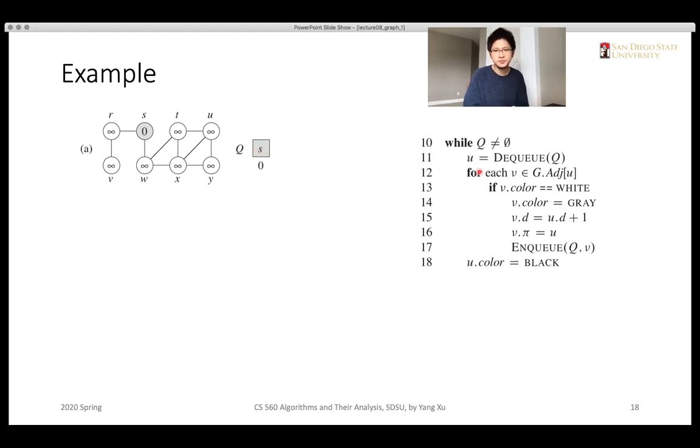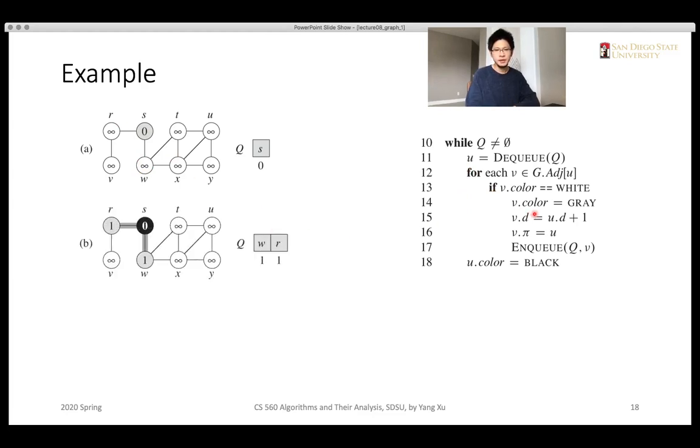And for each adjacent vertex of S, from the graph we see that W and R are the two adjacent vertices of S. So the for loop will go through W and R and paint them gray, and set their distance by 1.